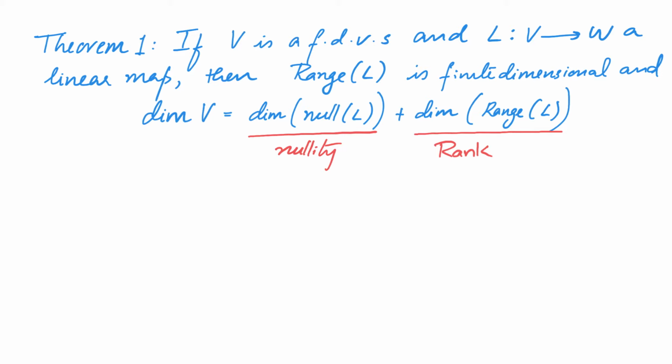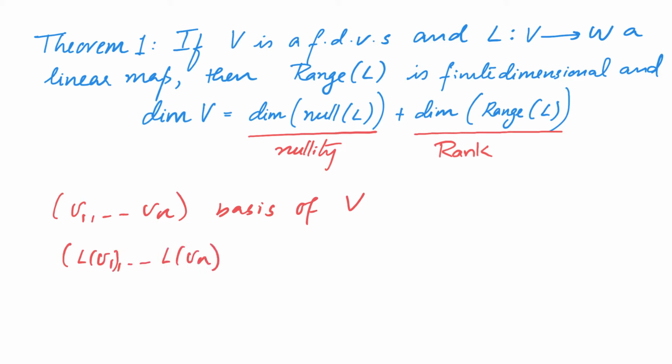This is the statement that range of L is a finite dimensional subspace of W. The basic idea was that if you take a basis v1, v2, v3, etc. up to vn of V, then the vectors L(v1), L(v2), etc. up to L(vn) span the range of L. And therefore, range of L is finite dimensional.